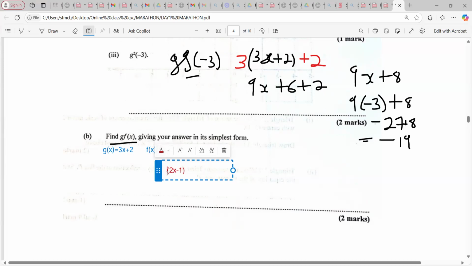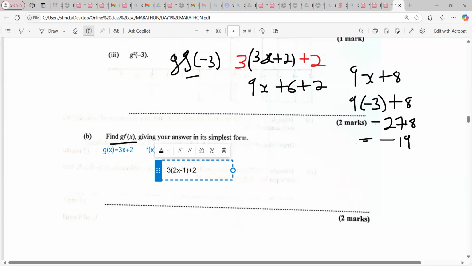So that'll be 3 times the bracket 2x minus 1, plus 2. That's how we do it first.